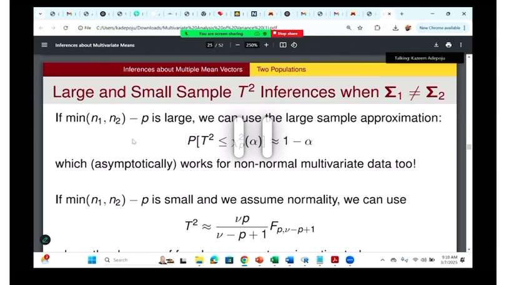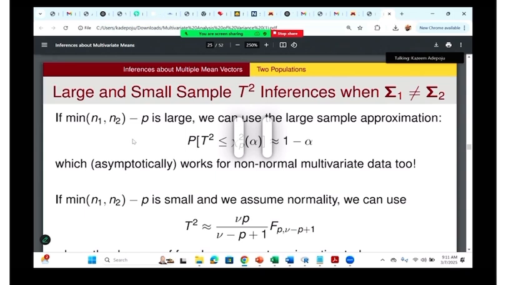And look at what I'm trying to say here. The moment the minimum of N1 and N2 minus P is large, we can use the chi-square approximation. It's going to be the distribution. And in a situation where the minimum of N1, N2 minus P is small, we can assume normality, and the T-squared will follow that.